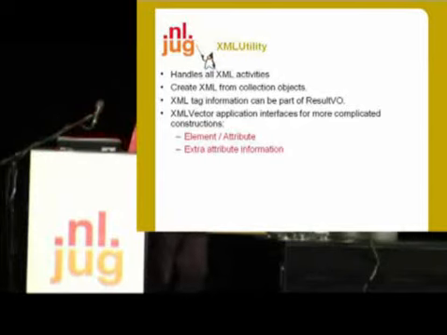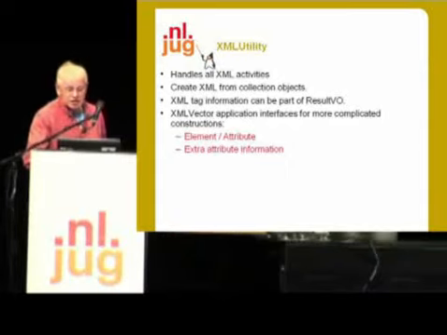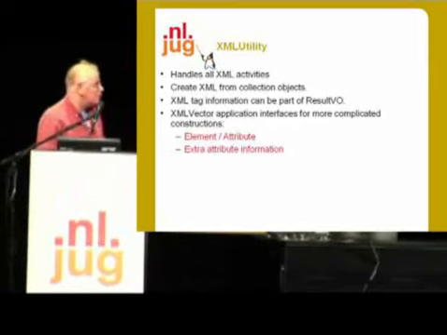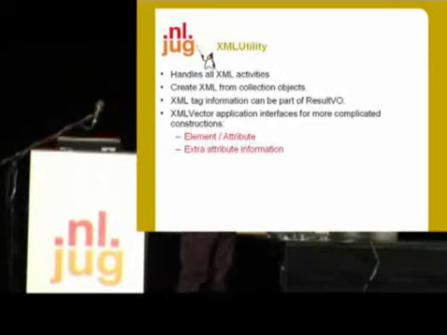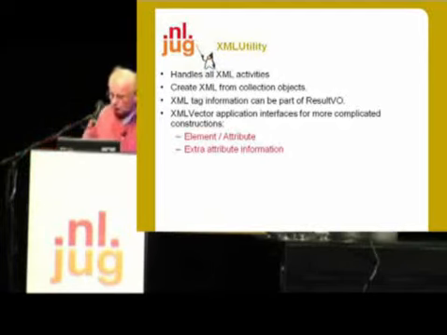But I actually have a more complicated object which I could be passing to the XML utility, which would be an XML vector, an XML representation of my data. So it would have all the instructions I need to create XML from that data. So I want to know, is that particular item treated as an element, or is it treated as an attribute? And is there extra attribute information for that element?